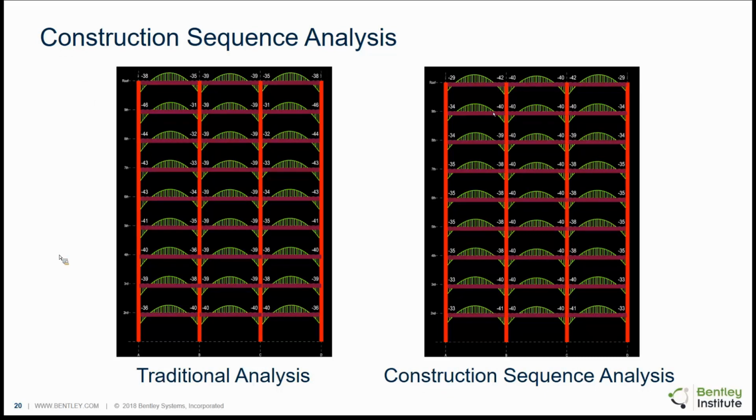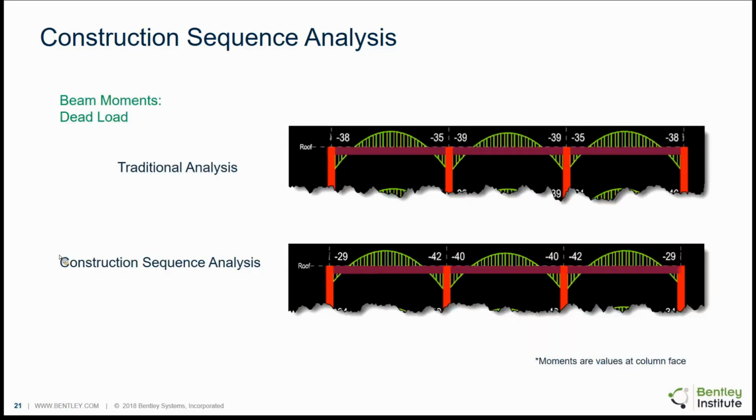So back to the presentation here. So we look at these numbers, and to give you a better sense, again, we're just looking at the top level here, and we see the differences in the moments between the traditional analysis and the construction sequence analysis.